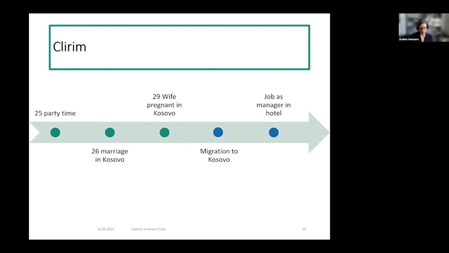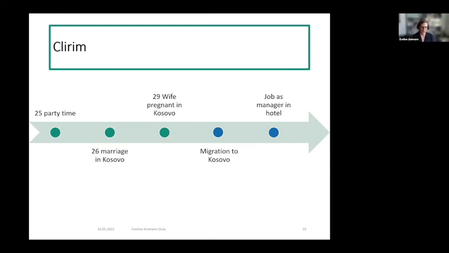So at this time he moved to Kosovo, and it was very interesting, because without any qualification, without any working experience in Switzerland, in Kosovo he used symbolic capital: you were working in Switzerland, you're coming from Switzerland, you were educated in Switzerland.